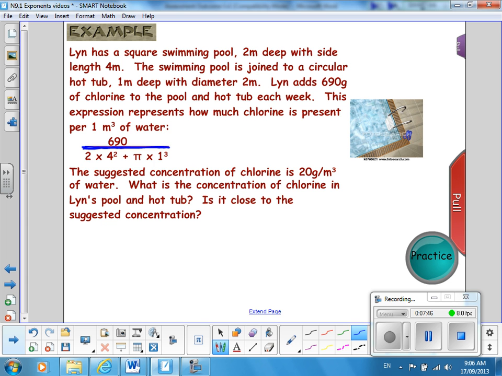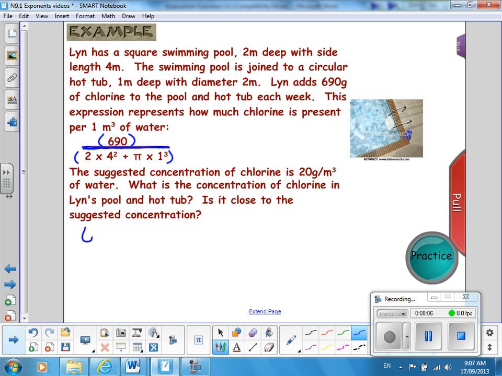However, that division follows a different rule in BEDMAS. That division is actually done last. What we need to do is put brackets around the numerator and around the denominator so that they get simplified first and then they get divided.